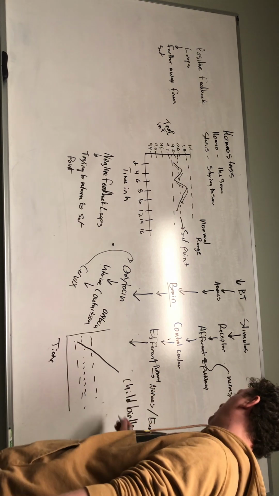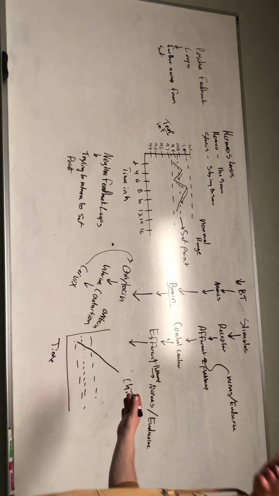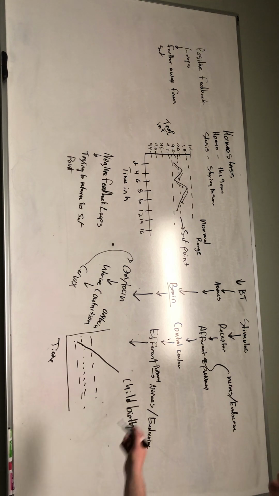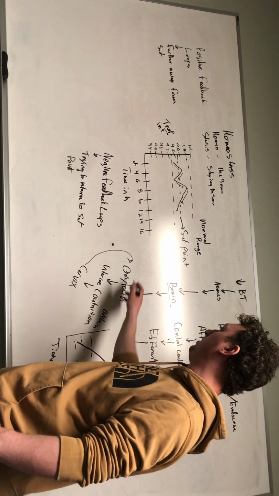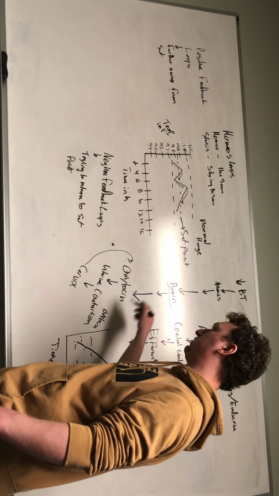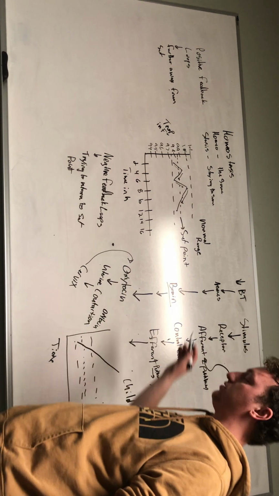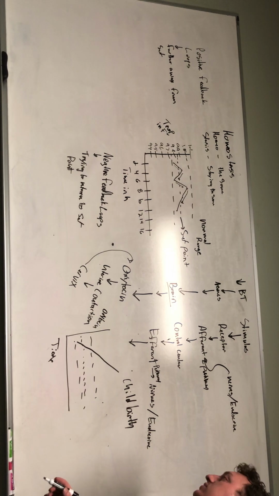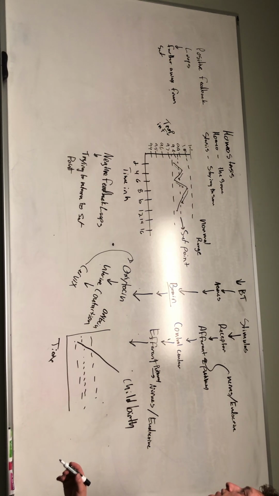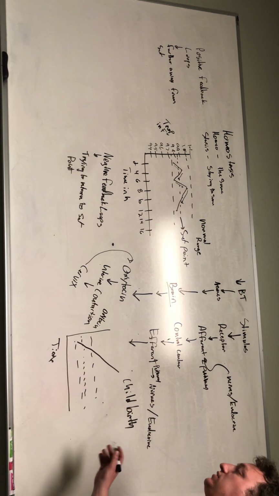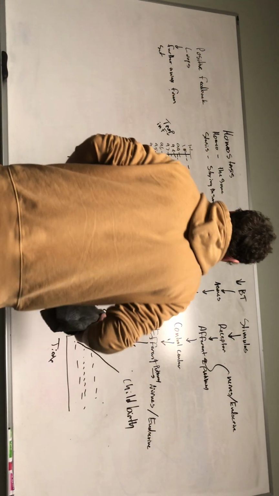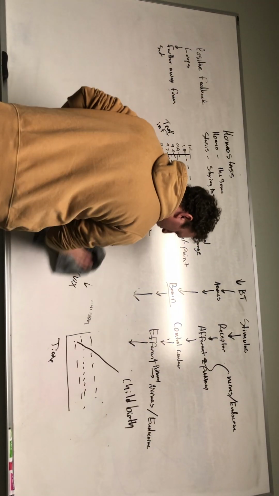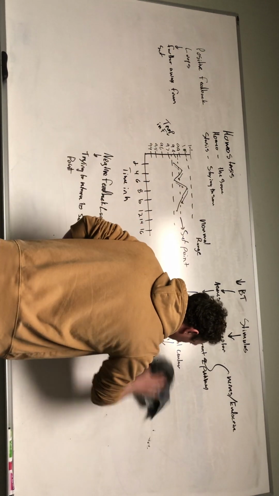And that's a good example of a positive feedback loop. It will continue to put pressure on the cervix and release more oxytocin until childbirth is achieved. Okay, I think that's all for positive and negative feedback loops and homeostasis. Let's move on here.